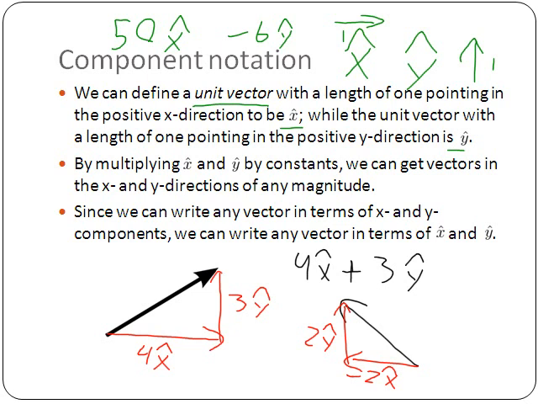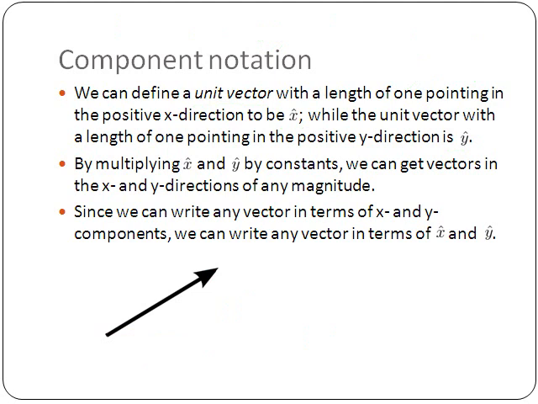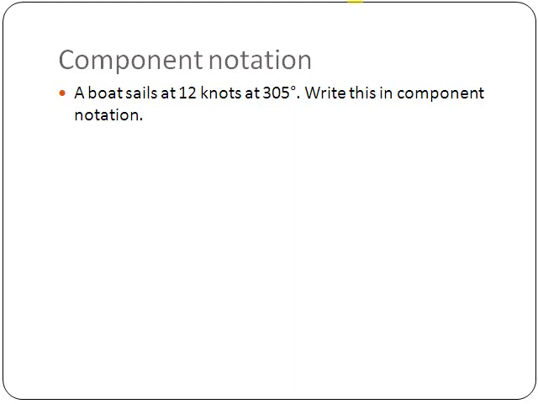So this vector right here, we'd simply write as negative 2x hat plus 2y hat. We can thus write out any vector we want in this x hat and y hat notation, this component notation. And as we'll see, this turns out to be super useful in terms of adding vectors up, because, well, we'll get to that in a second.